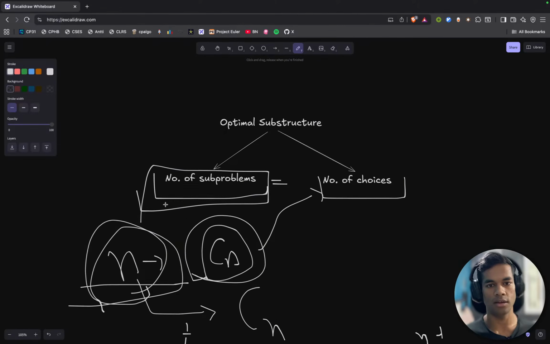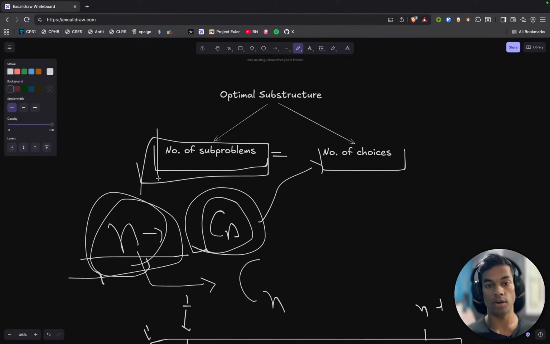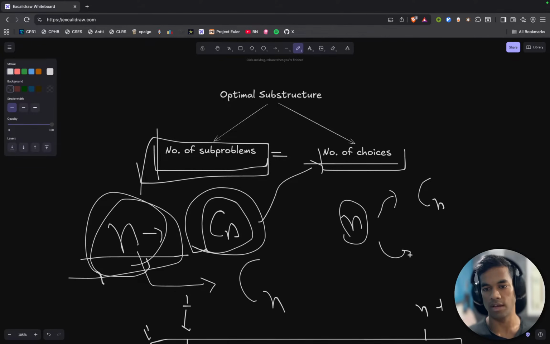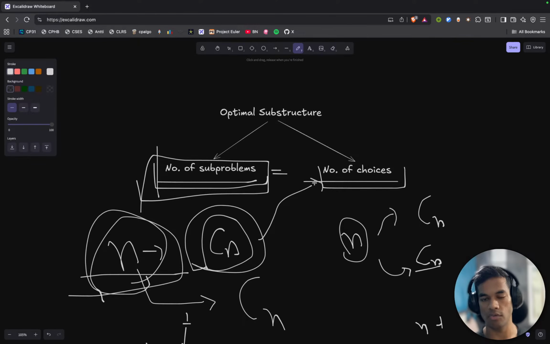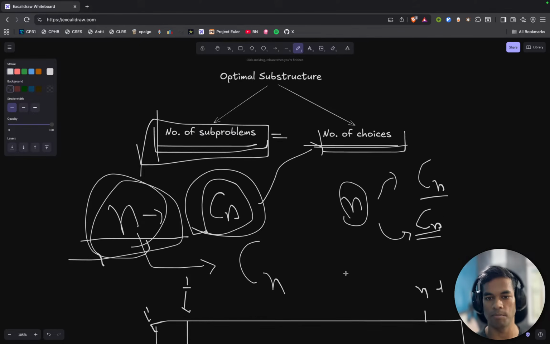And in the coin change problem, the number of choices that we get at a number n is the number of coins we have, but here the number of subproblems that we have to solve is also equal to Cn, the number of coins that we have. So here the number of choices and the number of subproblems is the same, literally the same thing, C and Cn.